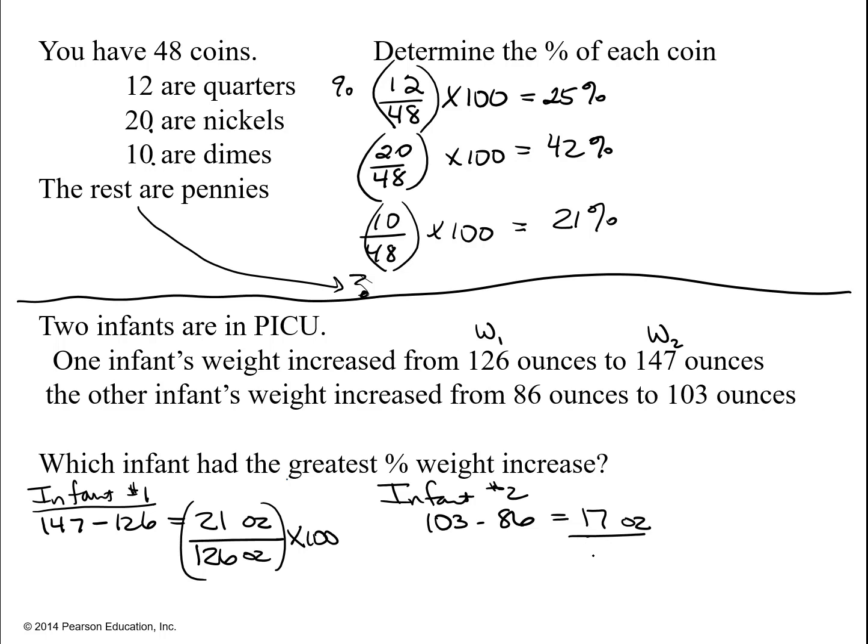Divided by what? Which is 86. Multiply that times 100. So this is like 16.7%. I'd round that to 17. This one is 17 divided by 86 times 100.